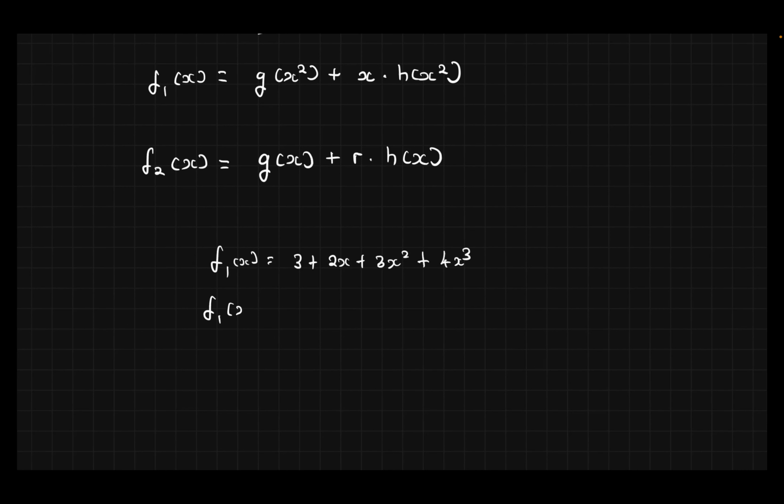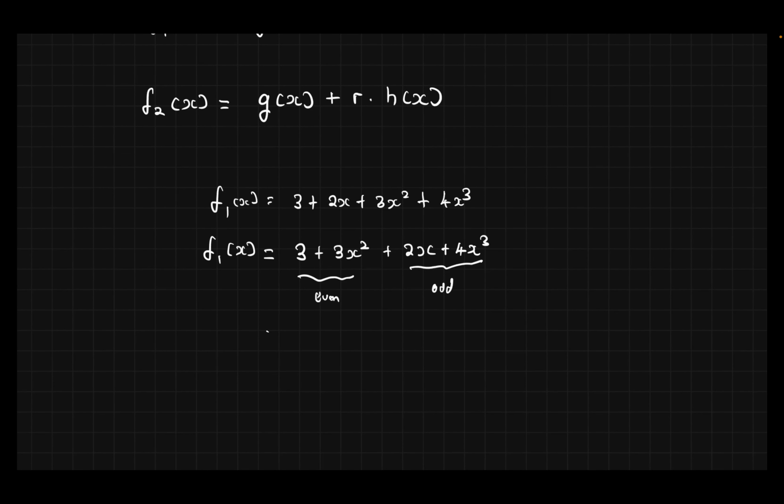The first thing we need to do is move all the even powers to one side and all the odd powers to another side. So this is 3 plus 3x squared, then plus 2x plus 4x cubed. These are all the even powers, and these are all the odd powers. Then we factorize out x.